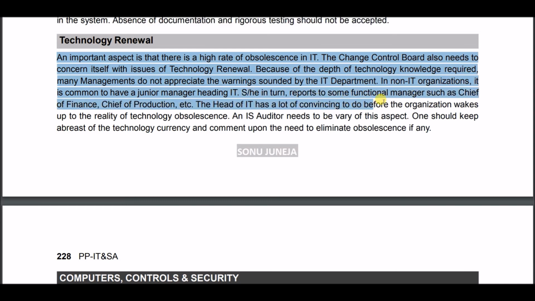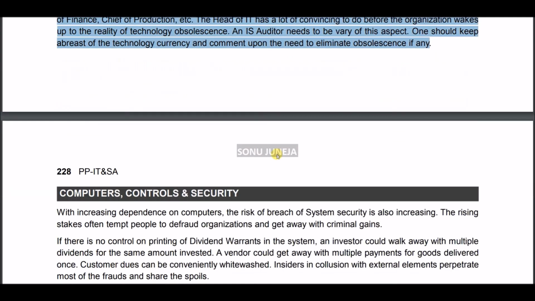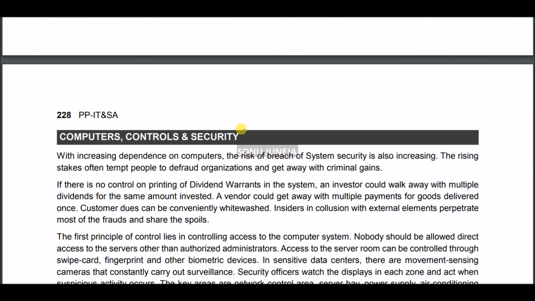She in turn reports to some functional managers such as the chief of finance, chief of production, etc. The head of IT has a lot of convincing to do before the organization wakes up to realize the technology is obsolete. An IS auditor needs to be wary of this aspect. One should keep abreast of technology currency and comment upon the need, if any, and the element of obsolescence.